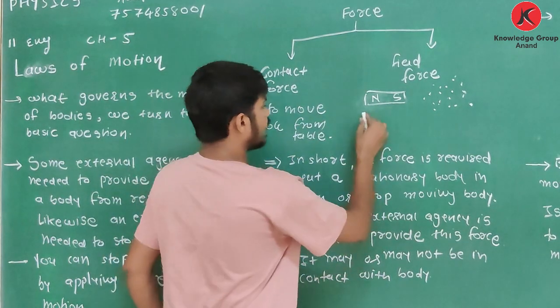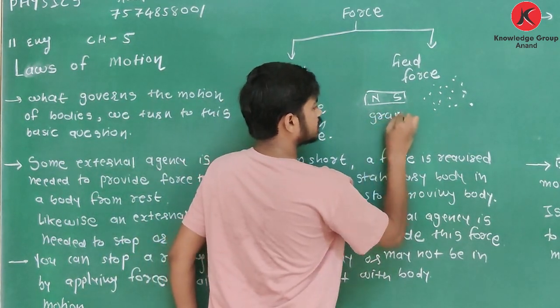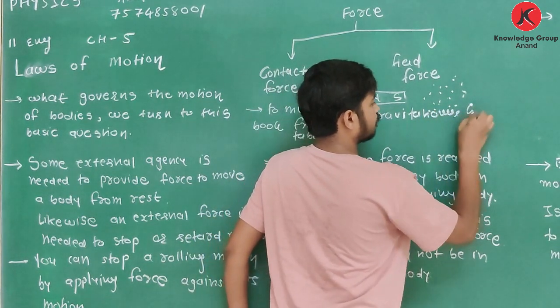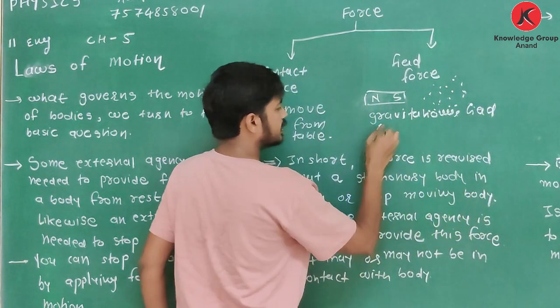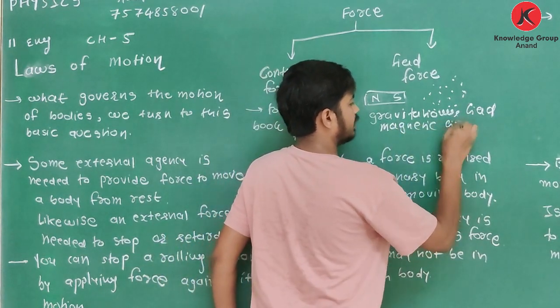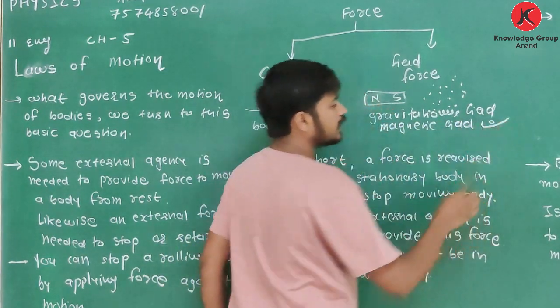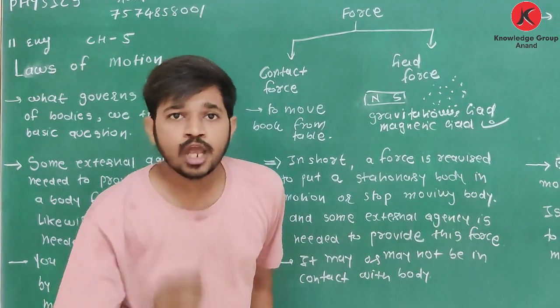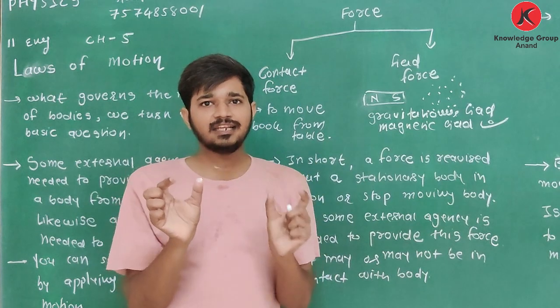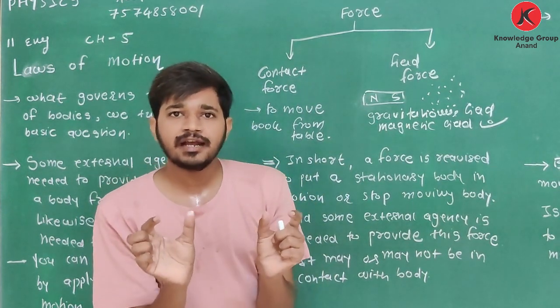Such fields are the gravitational field, then the magnetic field. See, the magnetic field is easy to understand. You know the basic experiment of magnet and iron filings.